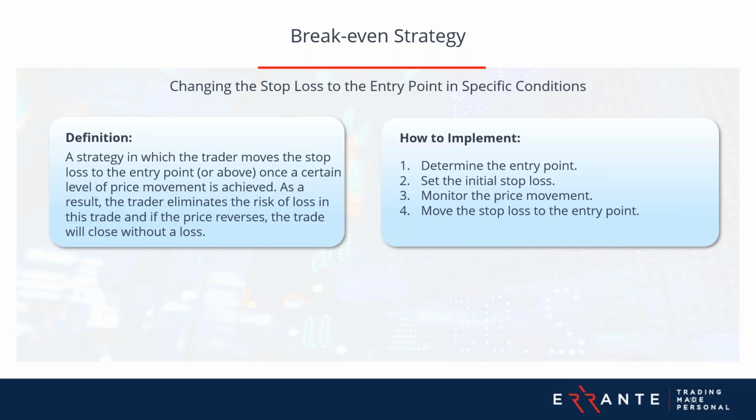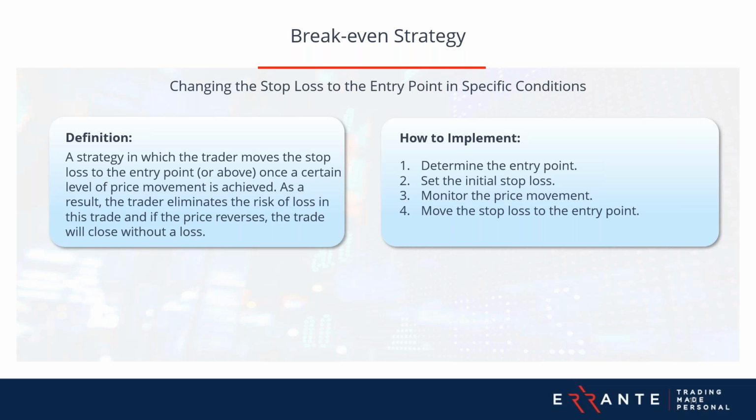So you would then adjust your stop loss from 1.1950 to 1.20. By doing this, you ensure that if the price reverses, your trade will close at the entry point, resulting in no loss. This step is crucial as it locks in a risk-free position, allowing you to focus on potential gains without worrying about losing capital.